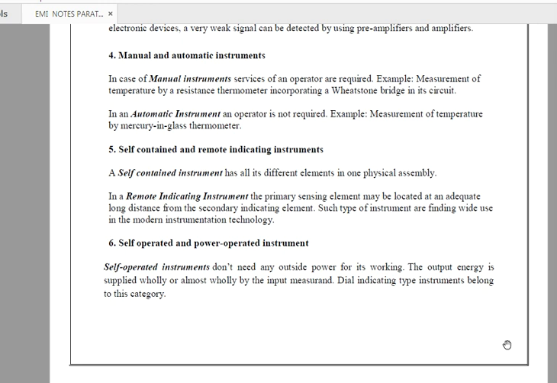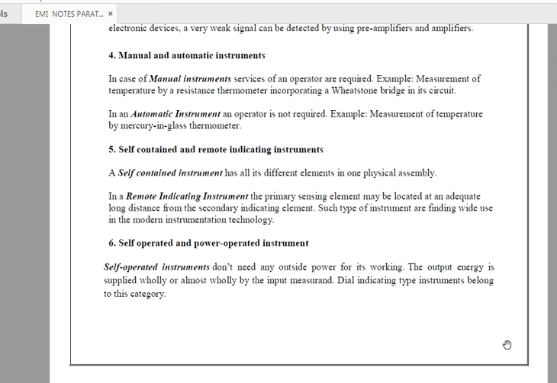In one place, all the physical elements of this instrument are integrated in one physical assembly. In a remote indicating instrument, the primary sensing element may be located at an adequately long distance from the secondary indicating element. The primary and secondary elements are far away from each other.